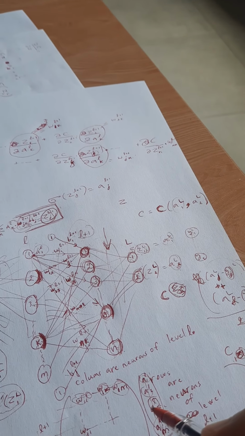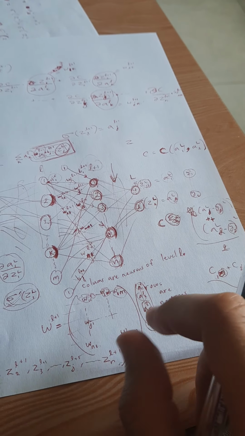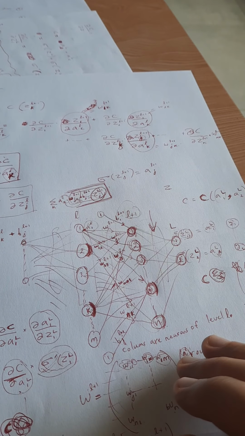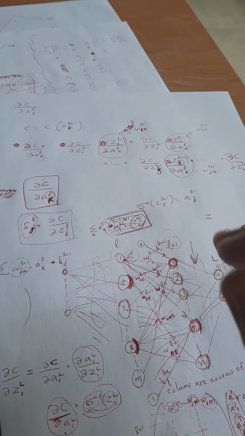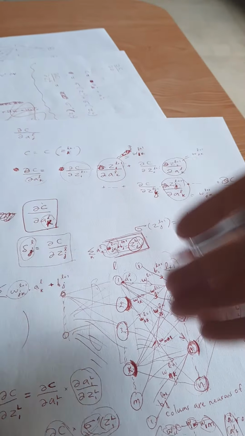Okay, now considering this matrix, we transpose it, and we multiply it by a vector.